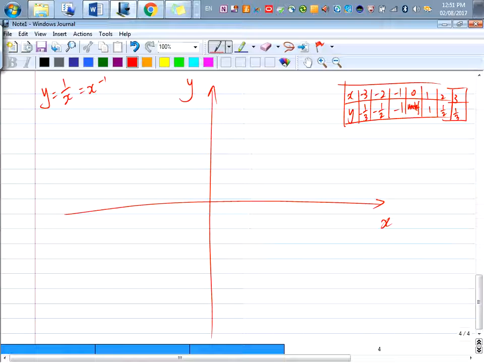Okay, so now I'm going to draw in my points 1, 2, and 3, -1, -2, -3. Some grid lines to help myself. And I need the values from -1 all the way until 1.